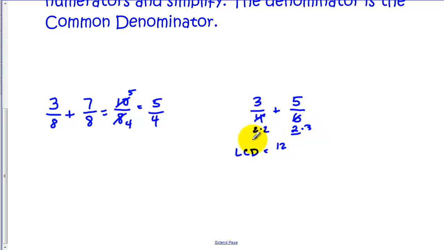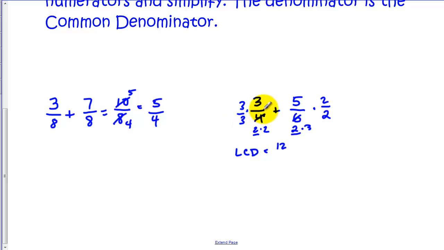They both already have a 2, so we don't need to do anything for that. But this one has two 2's, and this one doesn't, so this one's missing a 2. I have to multiply top and bottom, so now I have two 2's over here. And over here we're missing this 3, so I have to multiply by 3/3.